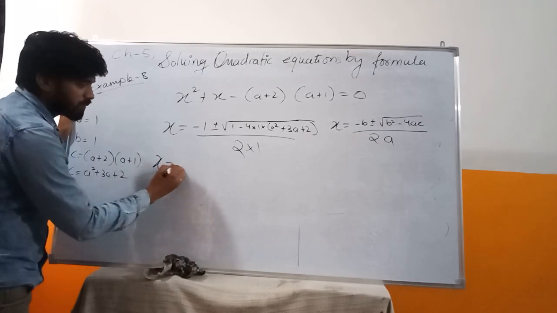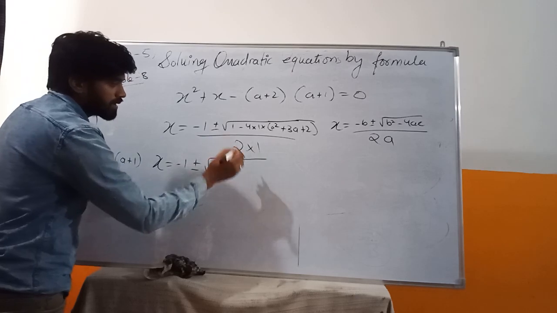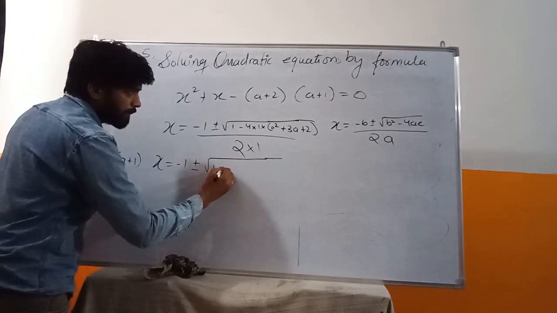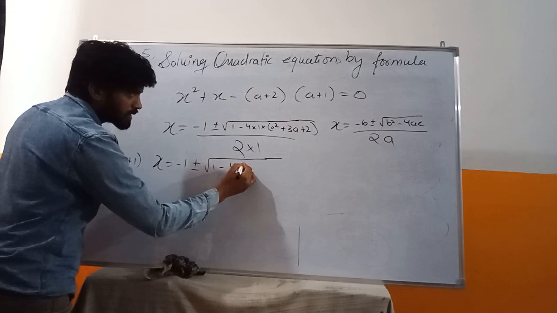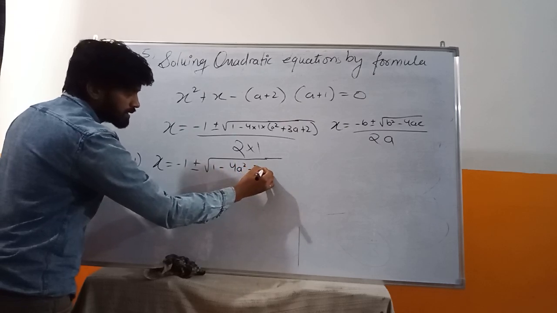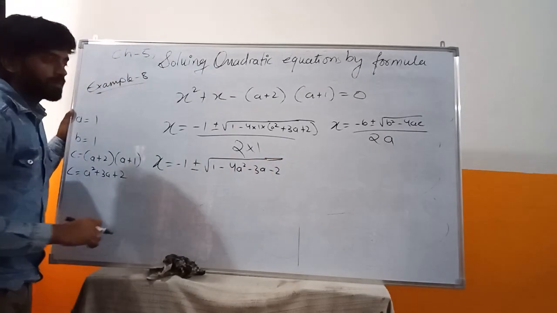So x is equal to minus 1 plus or minus the square root of 1 minus, and 4 is going to get multiplied with all of that, 4a square minus 3a minus 2. So this is what I am getting.